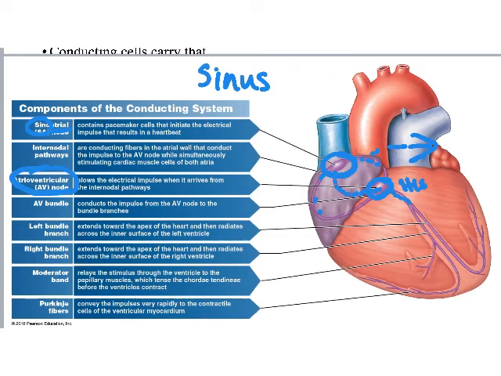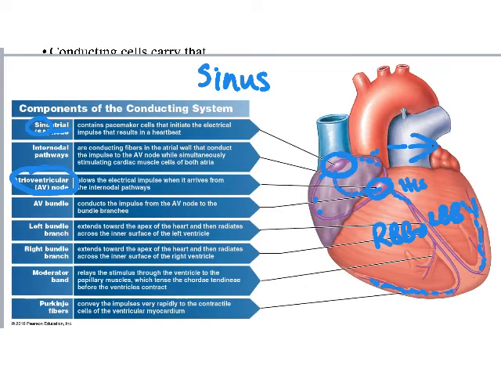And from the bundle of His, the electrical signal is going to then split into the right and left bundle branches. So this is going to be the left bundle branch, and this is going to be the right bundle branch here. And from those bundle branches, it's going to go down to what we call the Purkinje fibers.